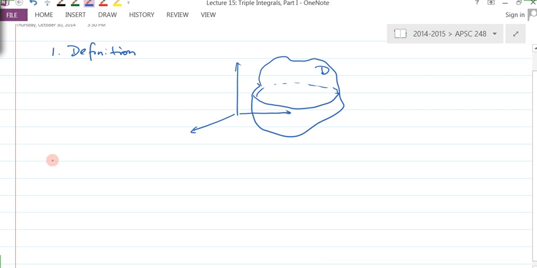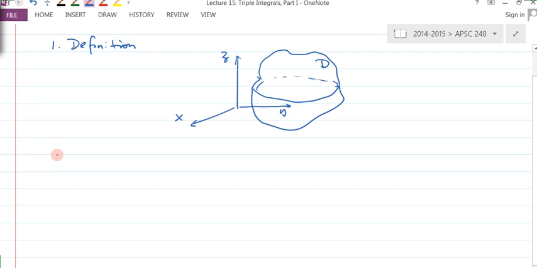If you wanted to relate to a double integral, recall that in a double integral, our integration is over a region R in the xy plane, right? So now we have a region D in 3D space.